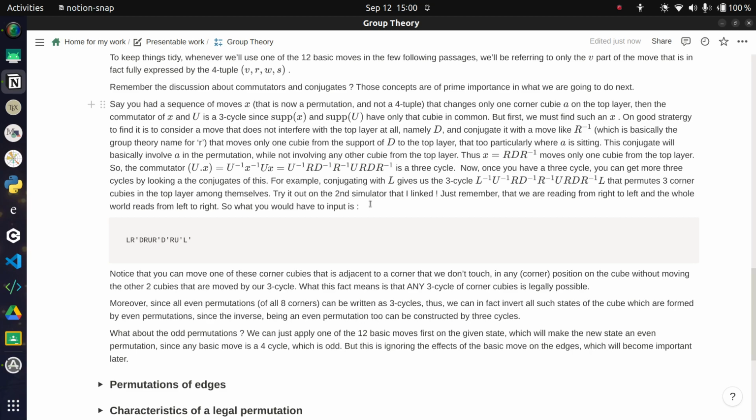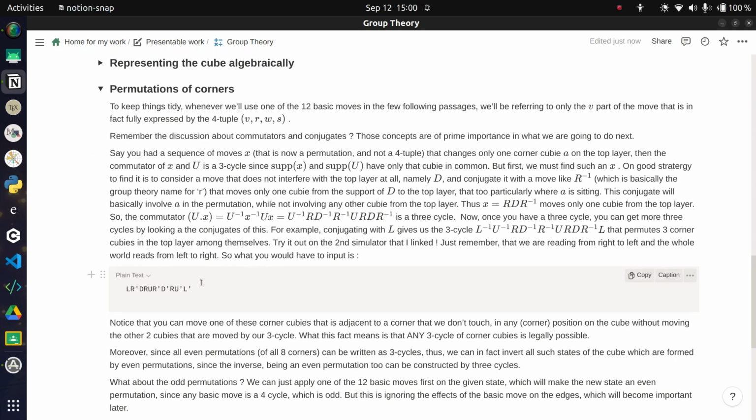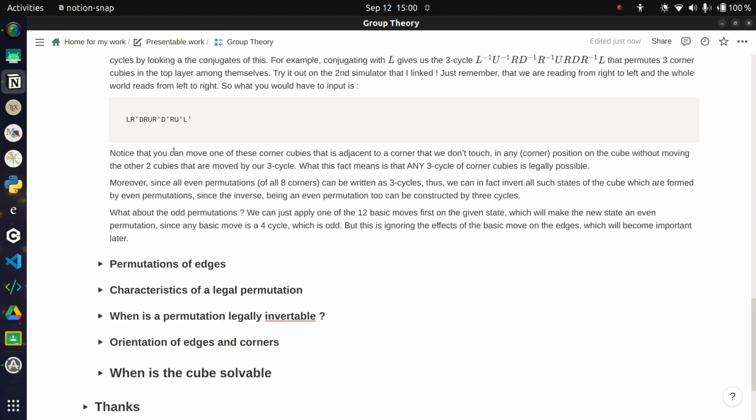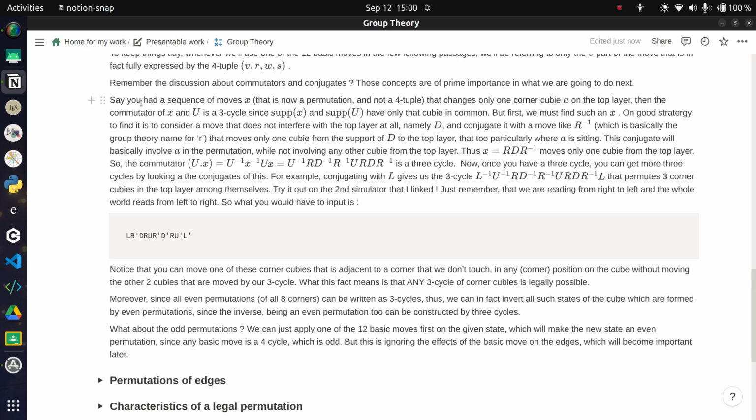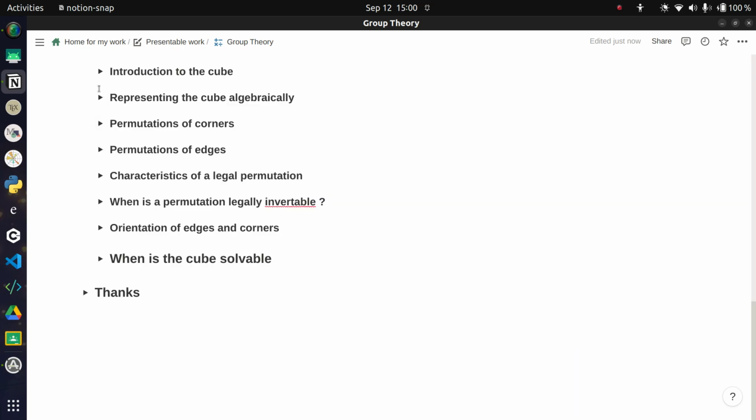And I'm saying permutation of the corners only, talking nothing about the orientation. So for example, this thing is a 3 cycle which cycles 3 cubies on the top face, I think. Yeah, so that's permutations of corners, and really that's all you need to know right now. You should read this to get the details.